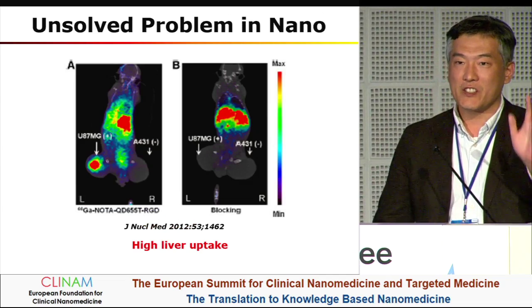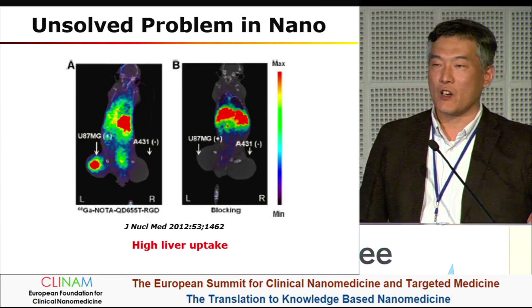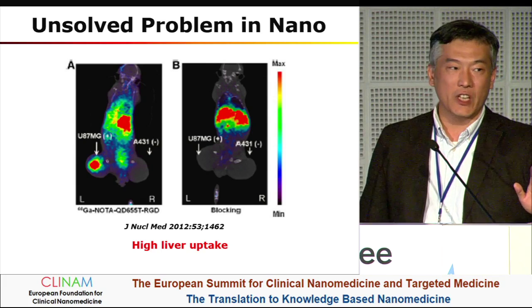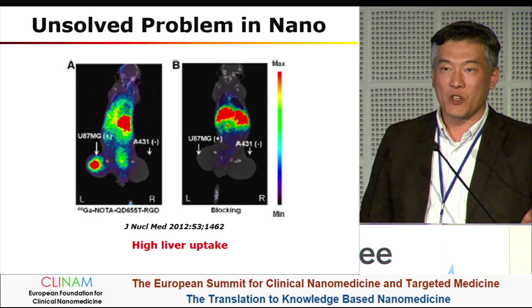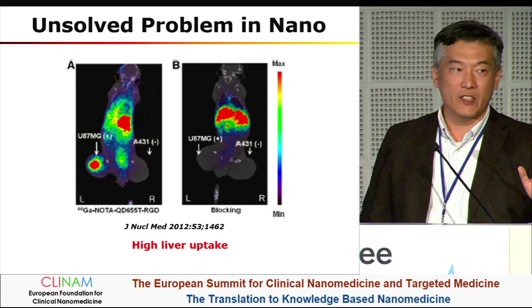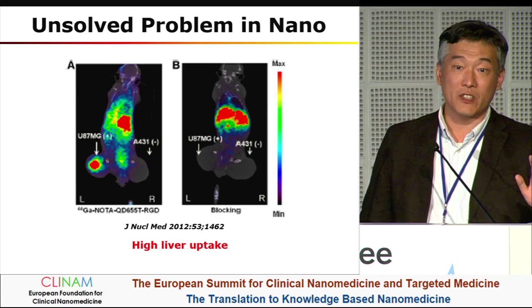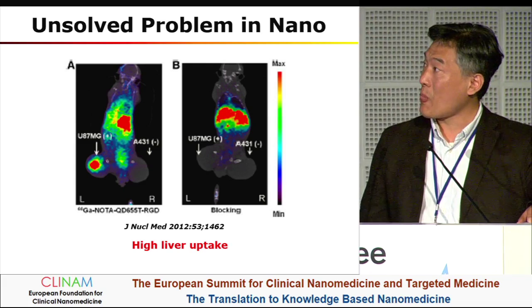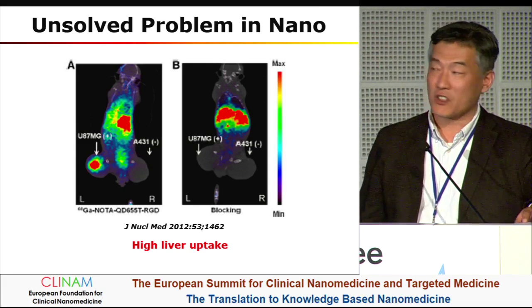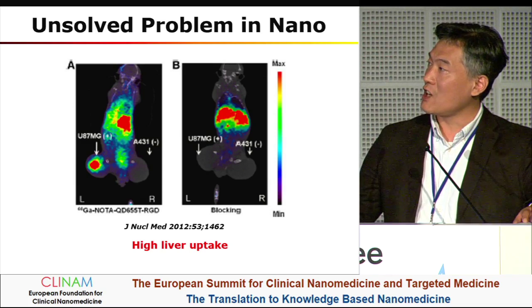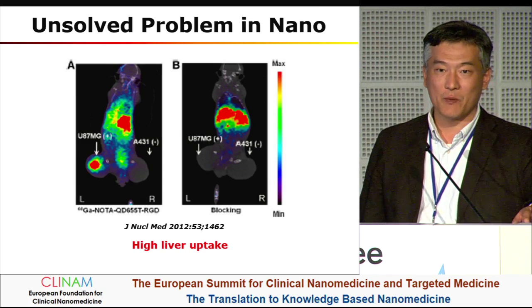So with this information and our data, which problem can we solve? As you know, every old nanomaterial accumulates in the liver right after IV injection. Even though the targeting ability is high, we still have a high amount of liver activity.